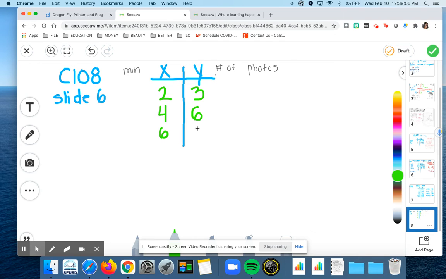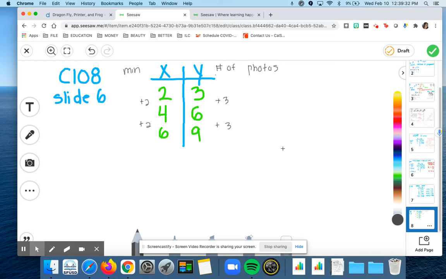Then I should have 3 more because here I'm adding 3 every time. So that's going to be 9 photos. Each time I was adding 3 on this side, and on this one, I'm adding 2 each time. So that's the constant rate there.